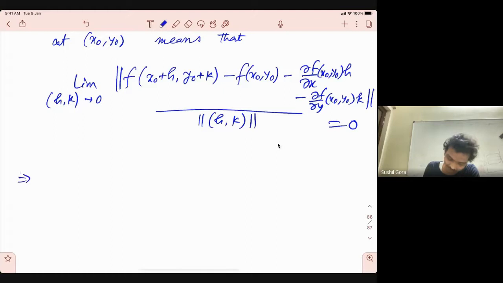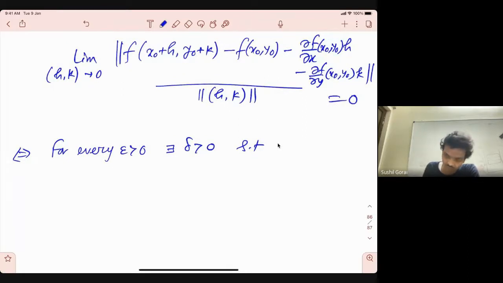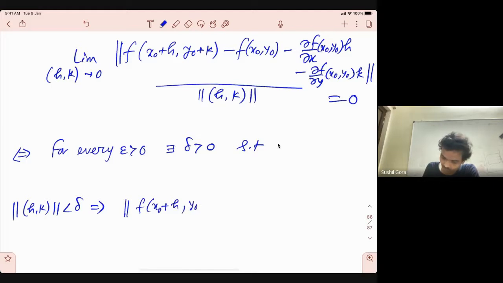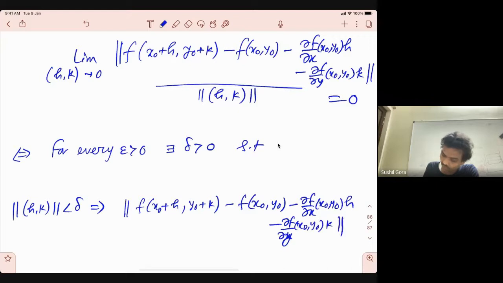So this is if and only if for every epsilon greater than 0 there exists delta greater than 0 such that, similar thing, the norm of h, k less than delta implies the norm of f of x0 plus h, y0 plus k, minus f of x0 y0, minus del f by del x at x0 y0 h, minus del f by del y at x0 y0 k, is less than or equal to epsilon times the norm of h comma k.